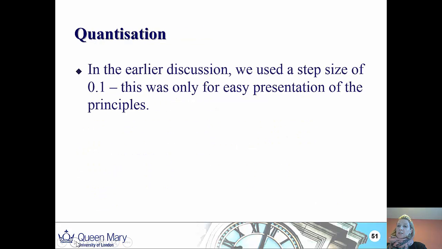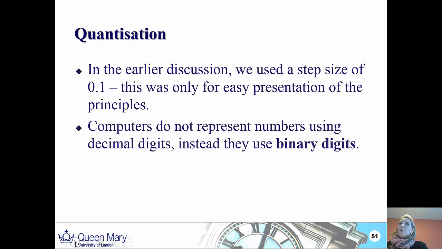At the very start of these slides, we talked about the example of applying a range of values from minus 0.9, minus 1, up to 0.9 and 1. We used a step size of 0.1 in this example, but this was just for presentation of the principle of how we assign values to a continuous signal.